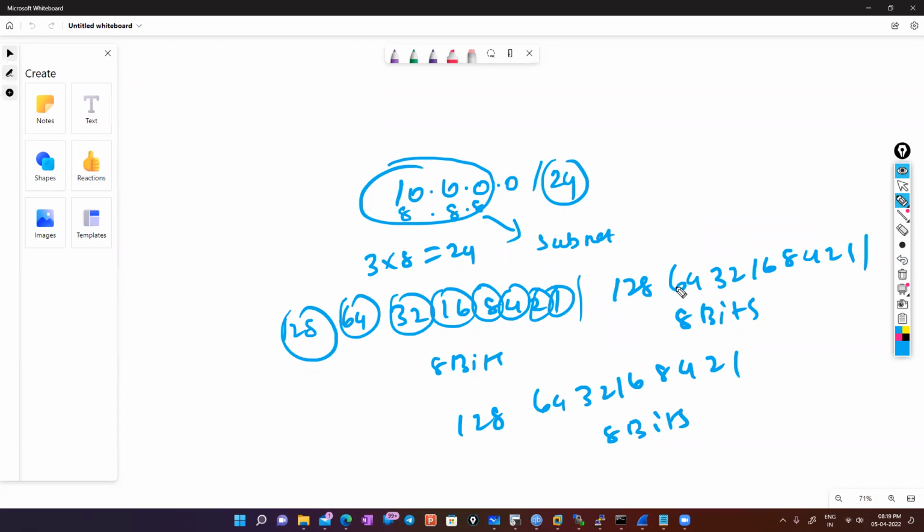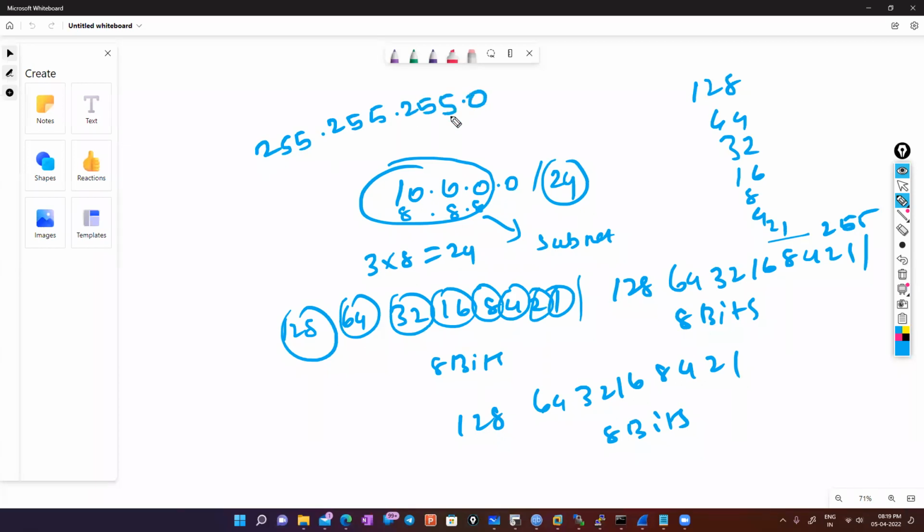Now, how do I derive the subnet mask from here? These are all occupied, right? If you add all these up, 128, 64, 32, 16, 8, 4, 2, 1, you get 255. So my subnet mask is 255.255.255.0, as simple as that.